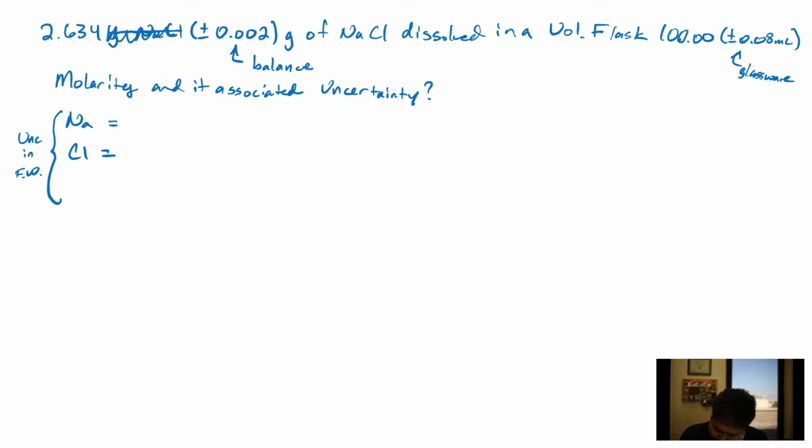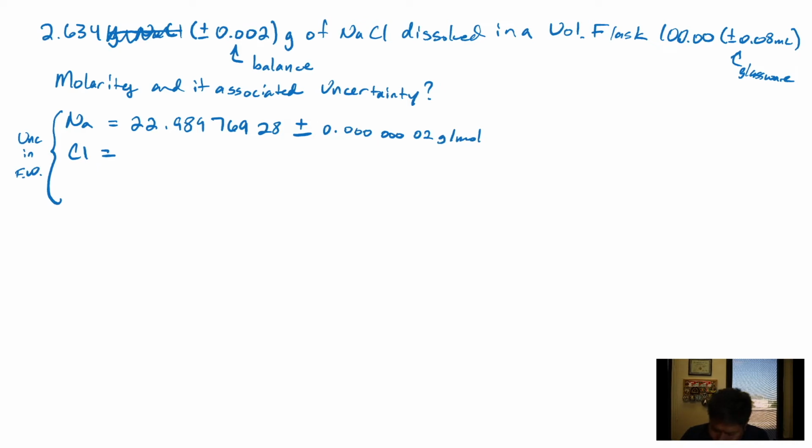And so we know that from our textbook, and also from that chart I gave you in Blackboard, the formula weight for sodium is 22.989766928, and its uncertainty is plus or minus 0.0000 and then 0.2 grams per mole.